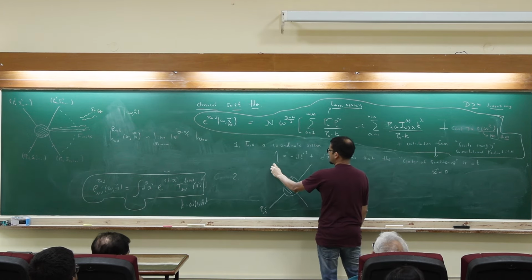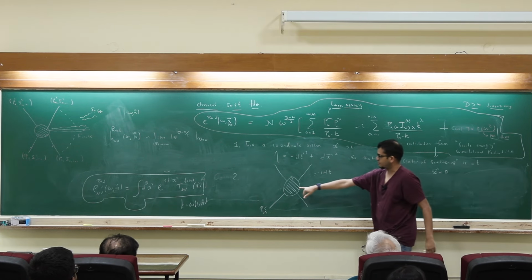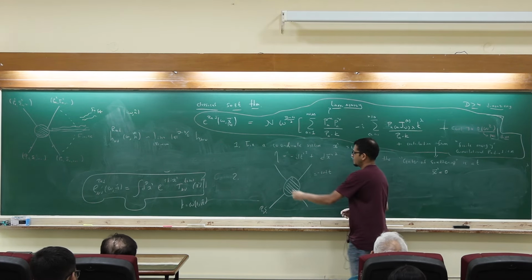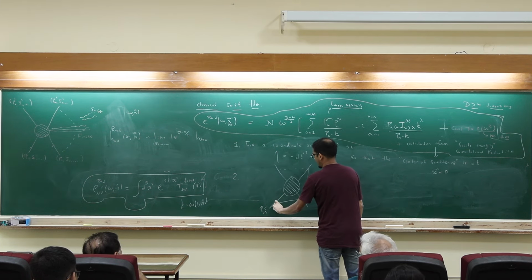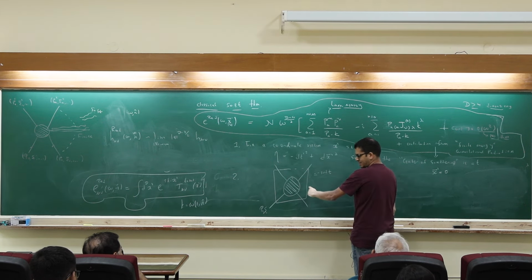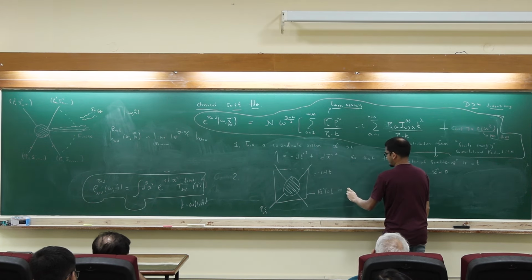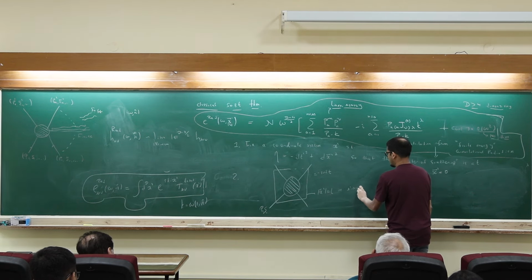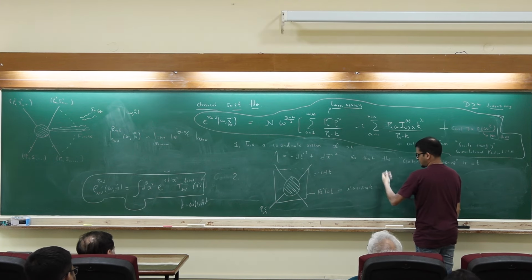Once I have this coordinate system where the center of scattering is at x prime equal to 0, we divide this into a fiducial box of spatial size L. So we divide our system into two parts, where the boundary is at mod x prime equal to L in the x prime coordinate system. Again, this L is completely fake. It just helps us do calculations, as you will see when we prove the theorem.